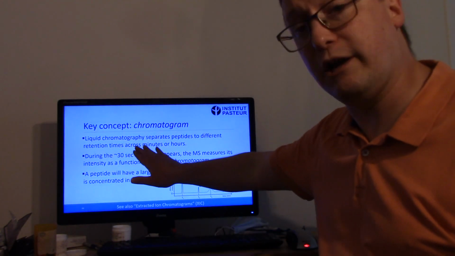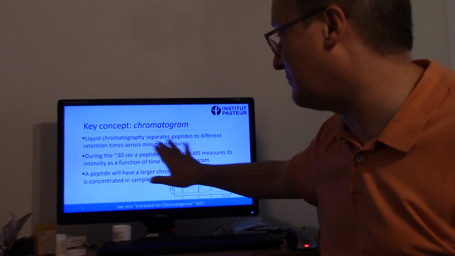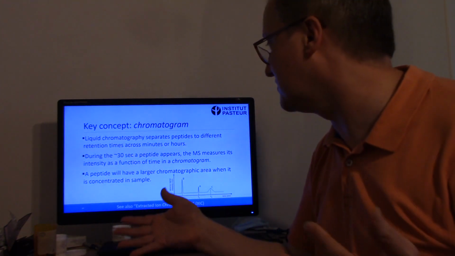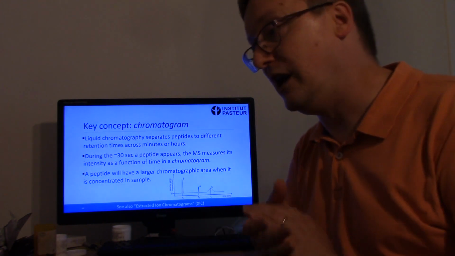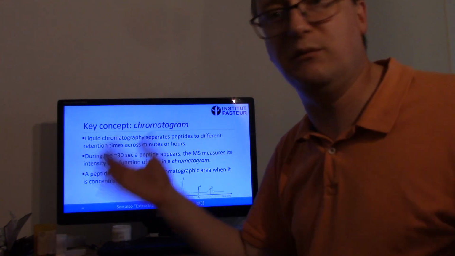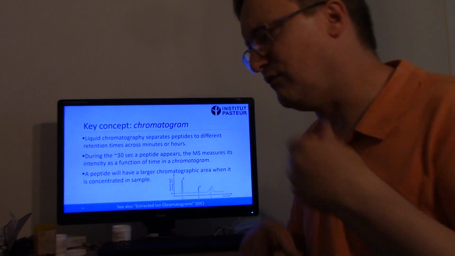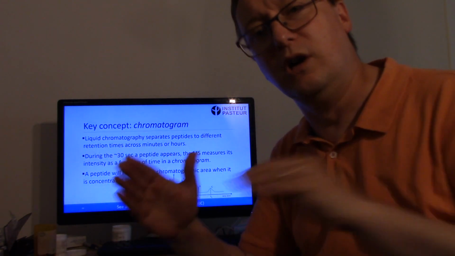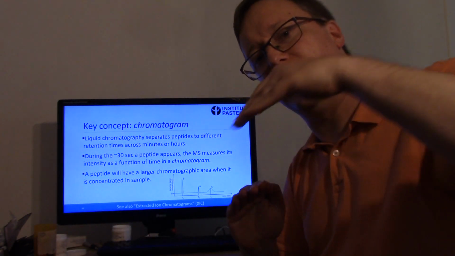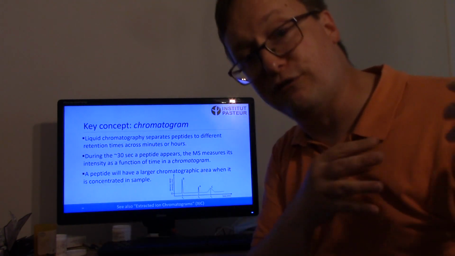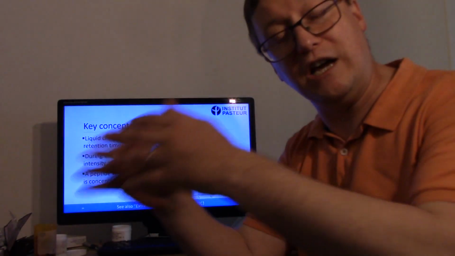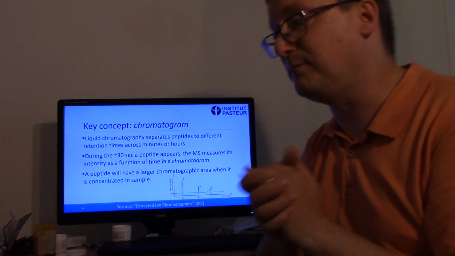All right, so liquid chromatography is separating peptides to different retention times across minutes or hours. So typically we think of an hour-long experiment or 90-minute experiment having either 40 minutes or maybe an hour of a slow gradient of hydrophobicity slowly increasing, and so the hydrophobic peptides come off last and the hydrophilic peptides come off first.